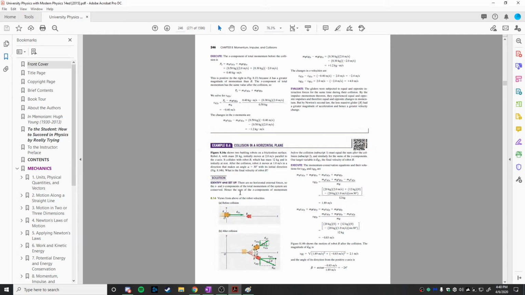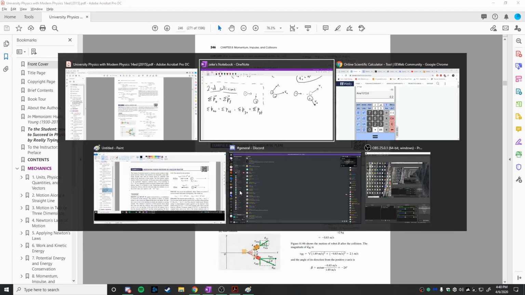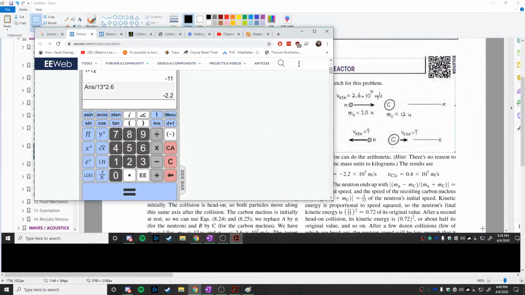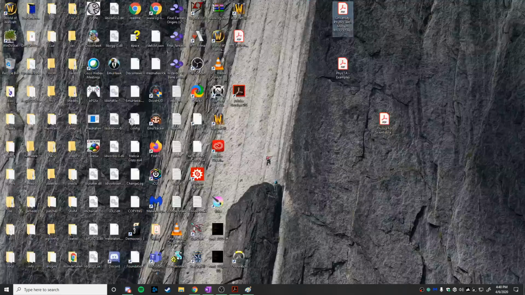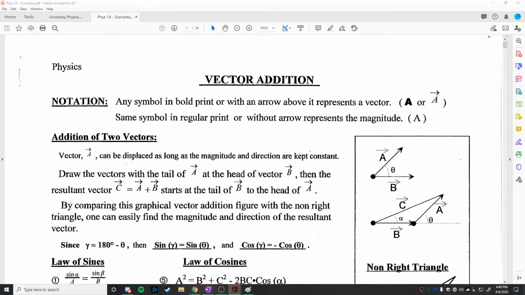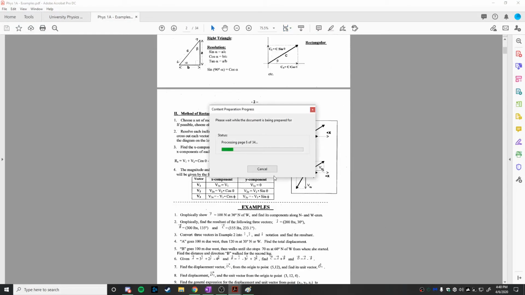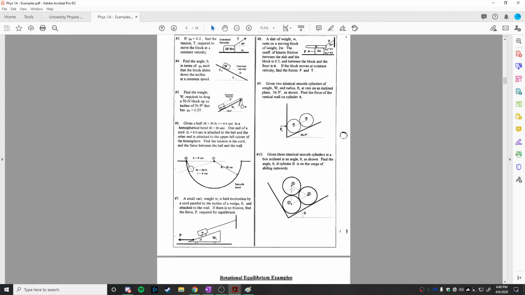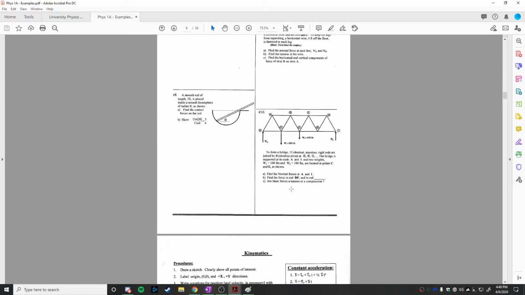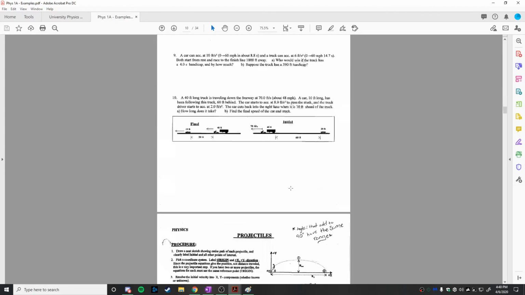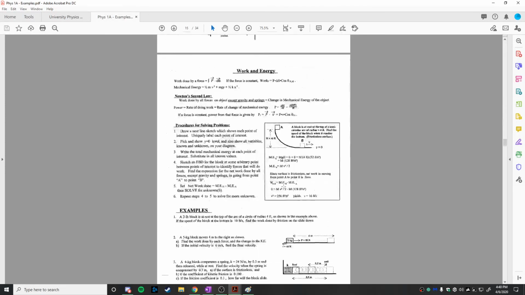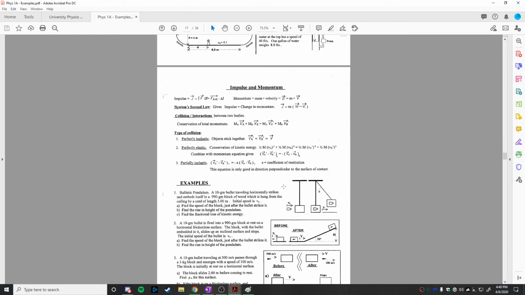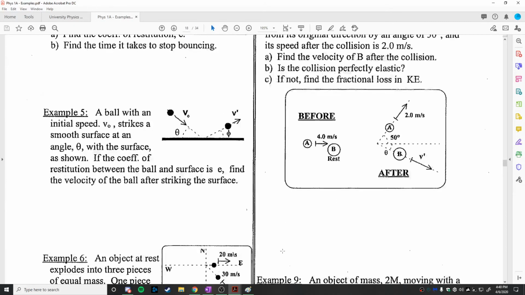Yeah, this is fine. And I kind of want to do the other problem I have, though. Here. There we go. This is the one I want to do.